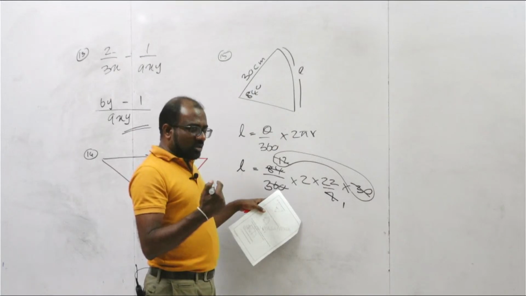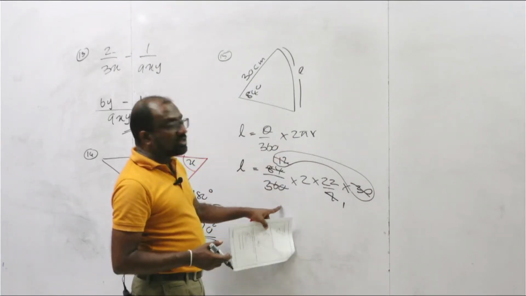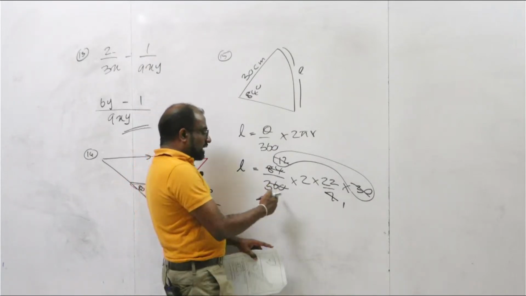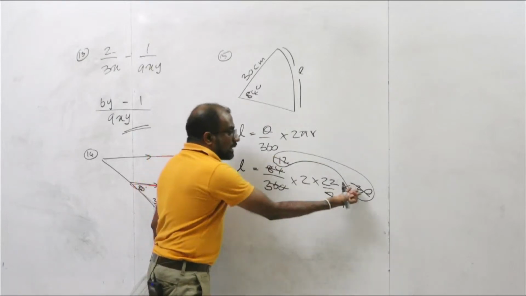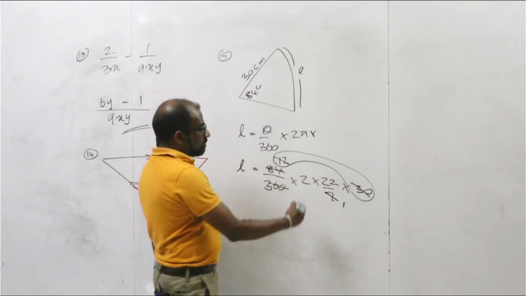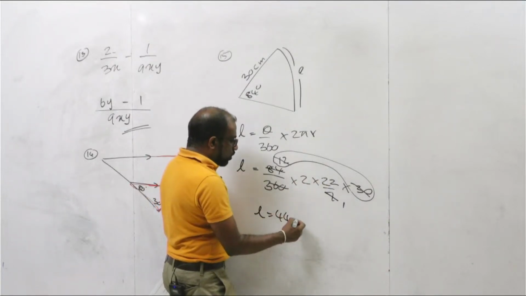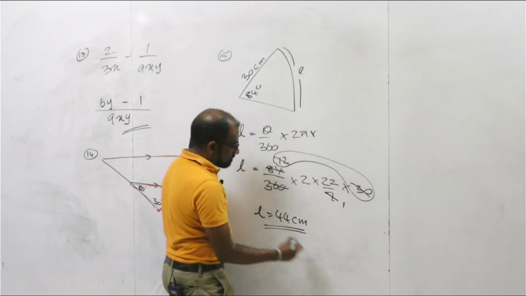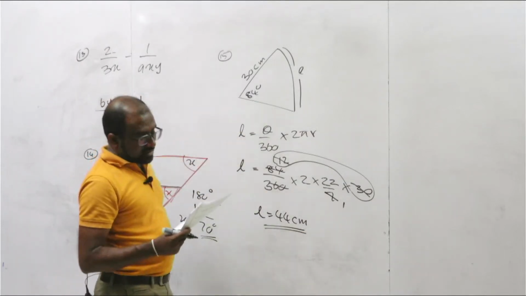If you divide separately, 12 times 1, 12 times 30, or in this record 12 times 30 is 360. Then 2 times 22 is 44. The arc length of this sector is 44 centimeters.